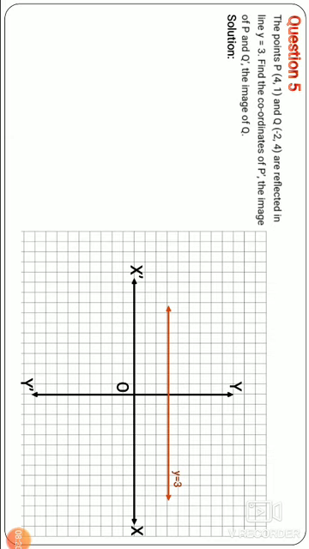So first let us plot P and Q in the graph sheet. Okay, let me name this line CD. Now I have plotted the given points. Now we need to find the image of P if I consider CD as the mirror. If you want to do that, first draw a perpendicular line from P to CD.